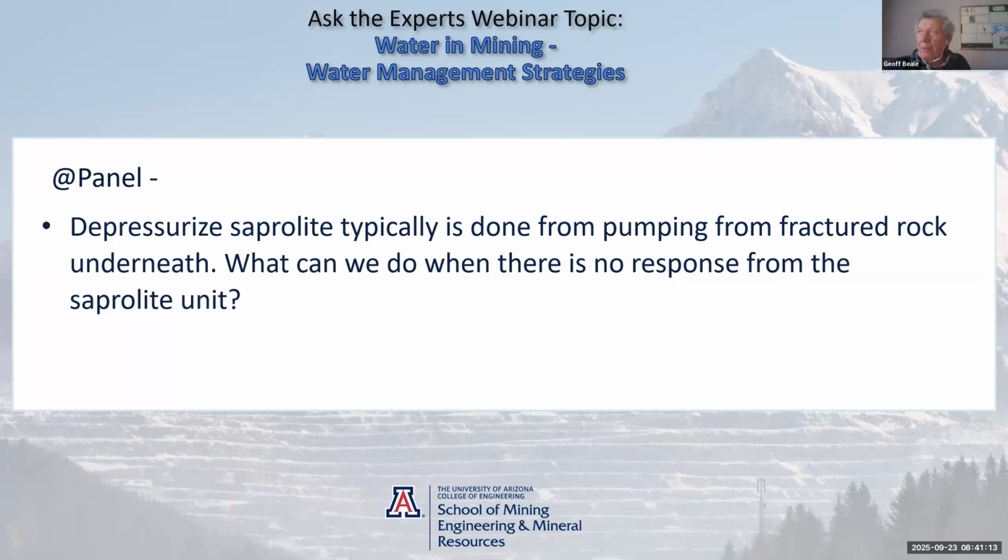Another theme is what can we do when we can't get enough water out of the saprock to depressurize the saprolite. When there's not enough response from the saprolite, but you're getting depressurization or dewatering in the saprock or the oxide zone underneath, the normal response is to put in vertical drain holes.